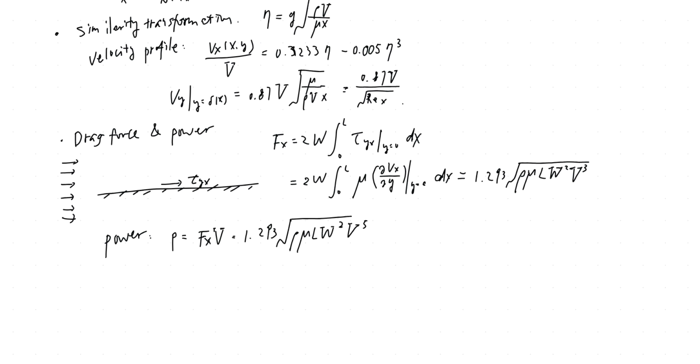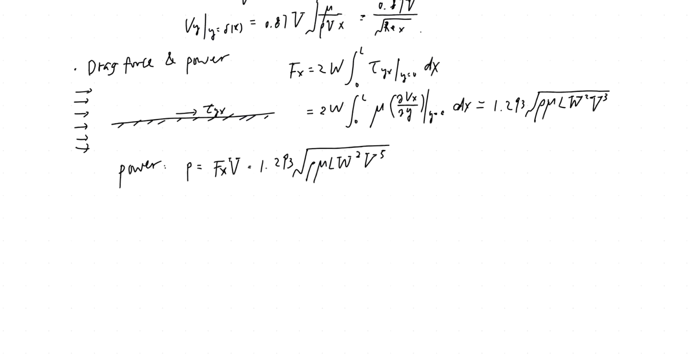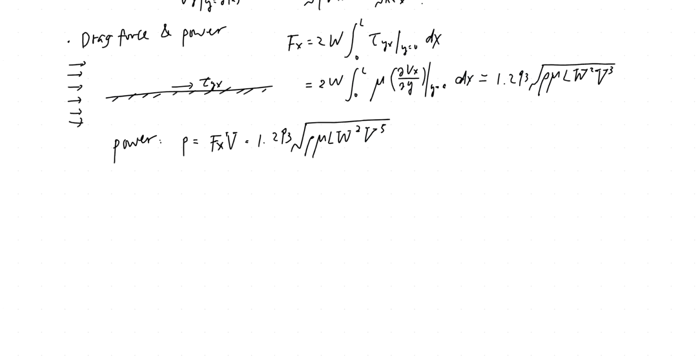Okay, that's all I would like to say. It's a pretty long lecture, and you can review on your own. The thing to keep in mind is all the logic behind the derivations.